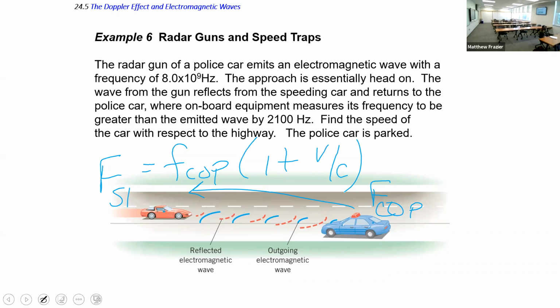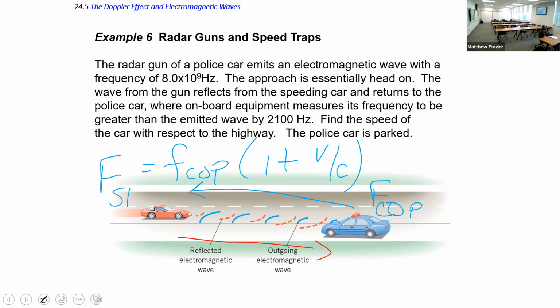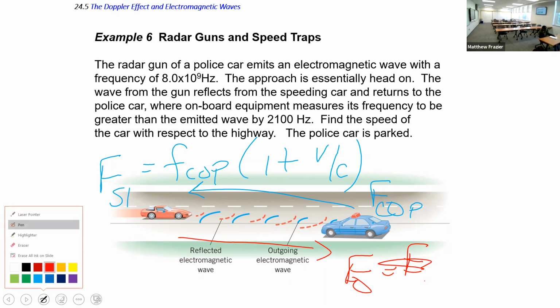Then that signal is reflected. And now the cop sees a wave coming back to him. And what he observes, I've done that poorly. Give me a second here.